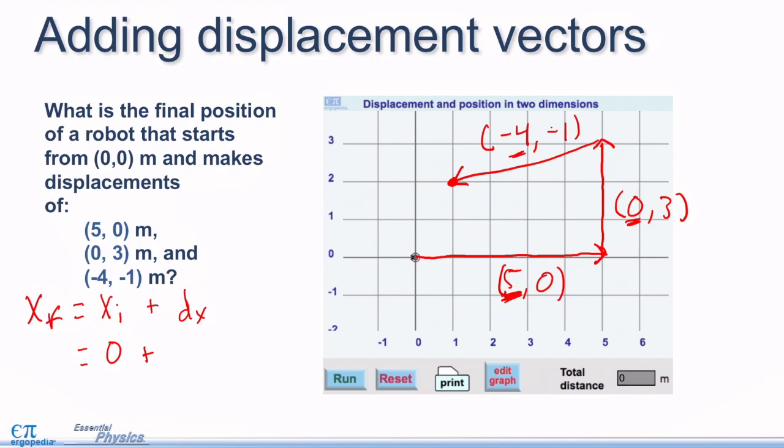So we are going to add 5, add 0, subtract 4. So our final x position should be 1 higher, +1, from where we started.